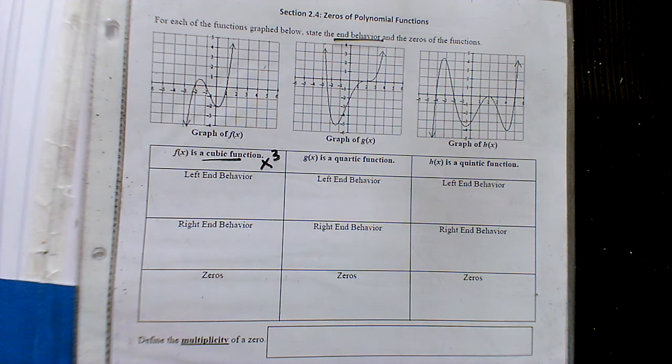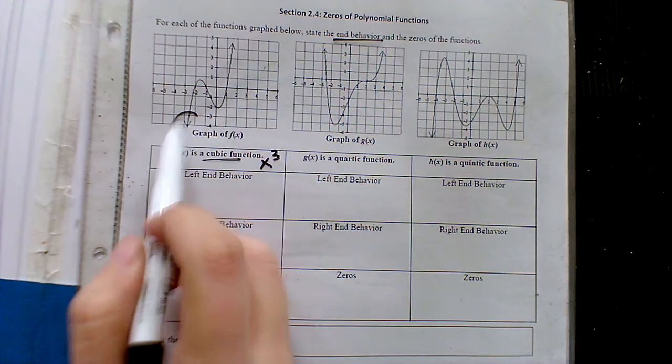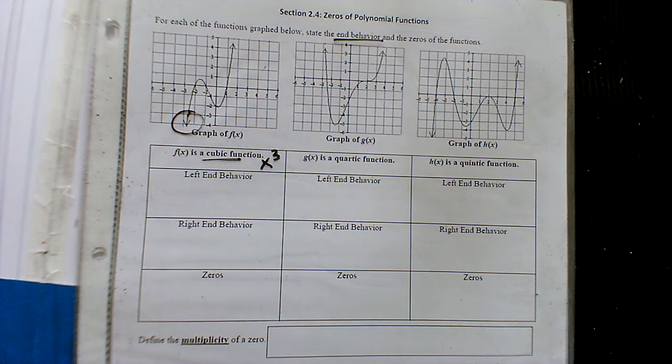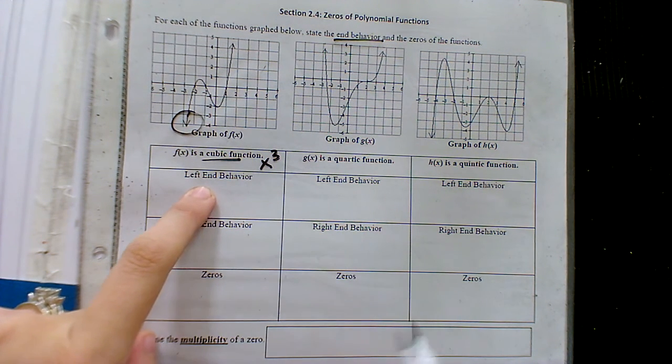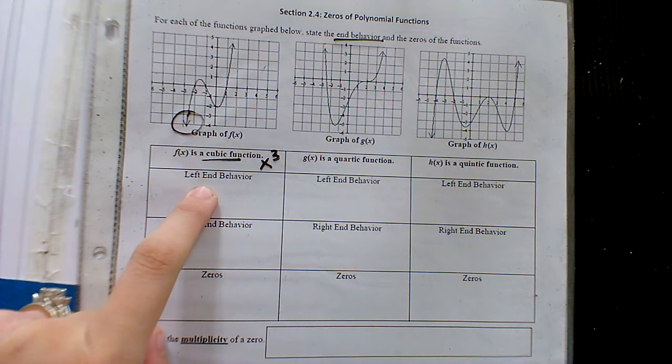So if we're going to practice identifying the left end behavior and the right end behavior, if you look at the graph, what direction is the left side going towards? Down, yeah? Mathematically, negative infinity. So when we describe the left end behavior, if you're moving to the left on the graph, what are the x values doing?